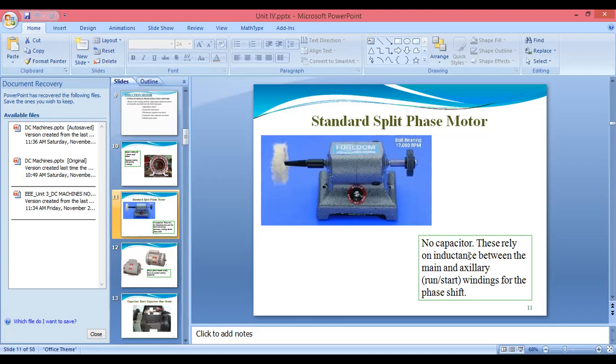So we can say that this type of induction motor depends only on the inductance between the main winding and the auxiliary winding. Auxiliary means which is running. Main means armature, and auxiliary means the field winding. It will depend on the inductance between armature and field winding, whether for a single phase or three phase induction motor.